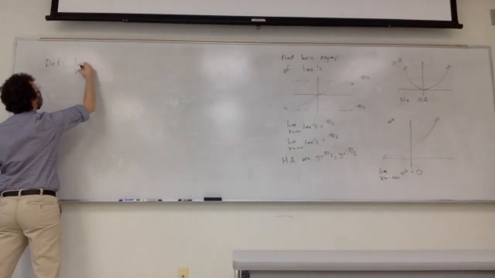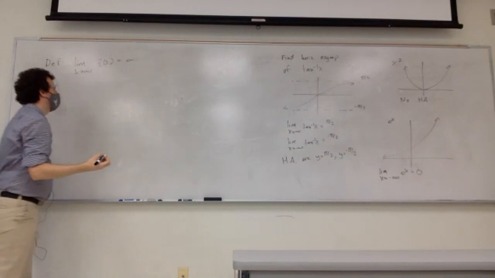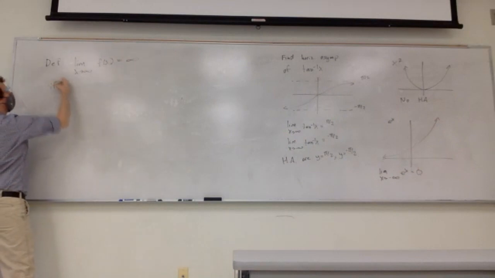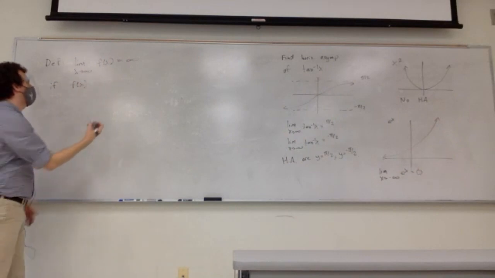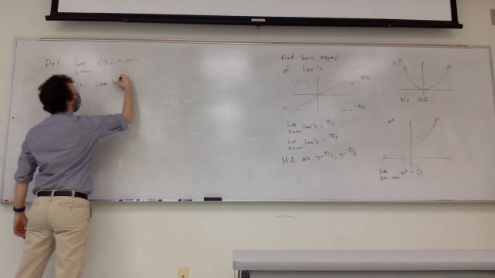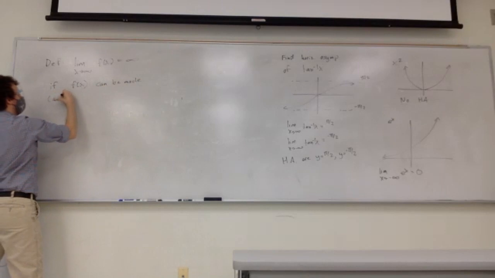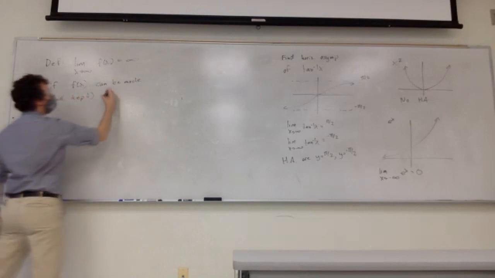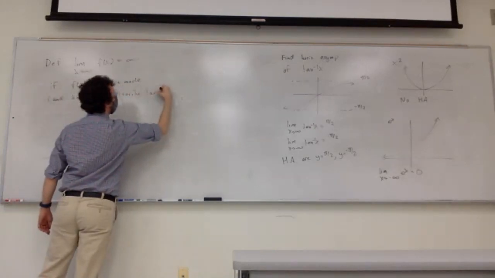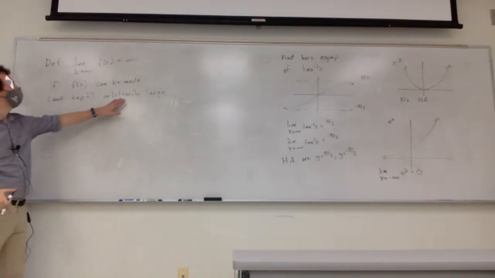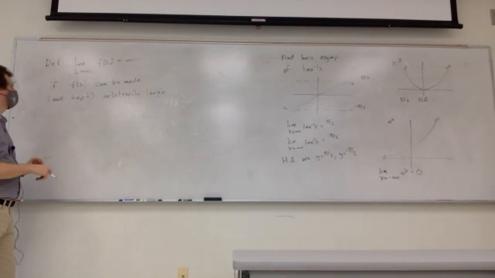So the limit as x goes to infinity of f of x equals infinity if the function values f of x can be made and kept arbitrarily large, so you can make the function values as big as you want, and once they're big, they stay big, is what this is saying.